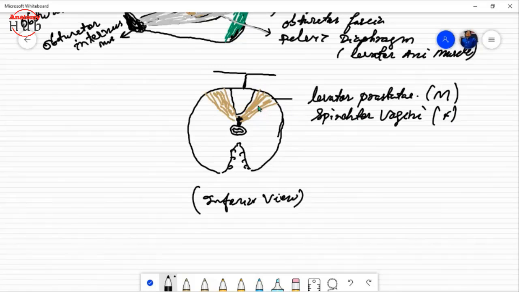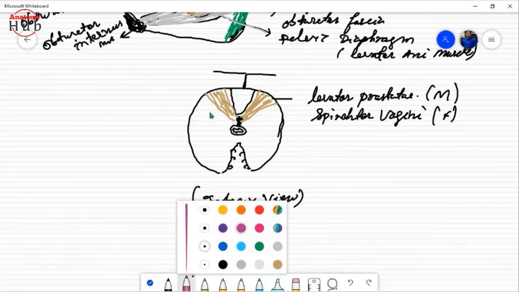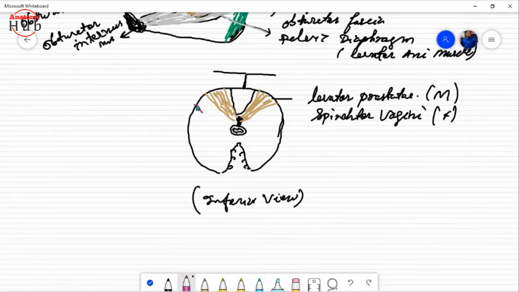So the name of this muscle is levator prostatae in male or sphincter vaginae in female. Then just behind that, here you'll find another muscle. That muscle is just coming from the pubic part of the ilium.